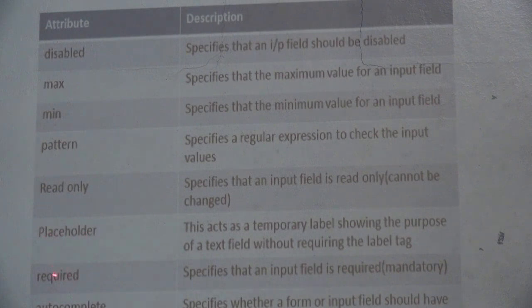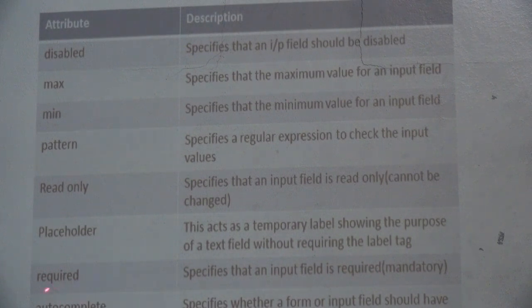And the next attribute is required. It specifies that an input field is required. So in email ID or in many forms we are having some options that are mandatory, meaning compulsory. So this attribute is called required, means the fields that have importance are called required, or they may be marked with a red color asterisk.